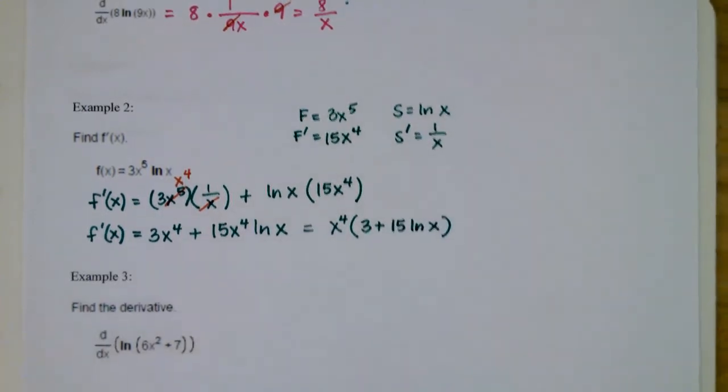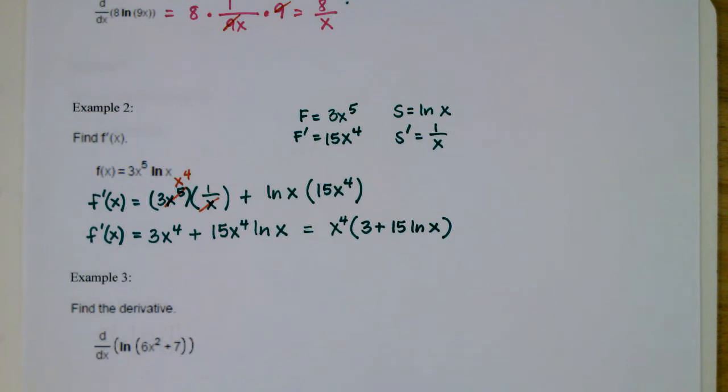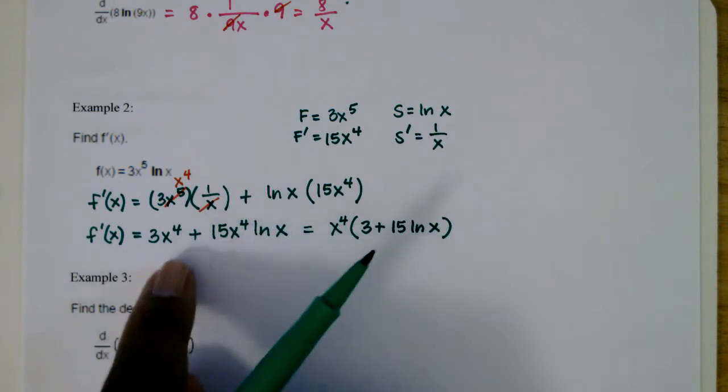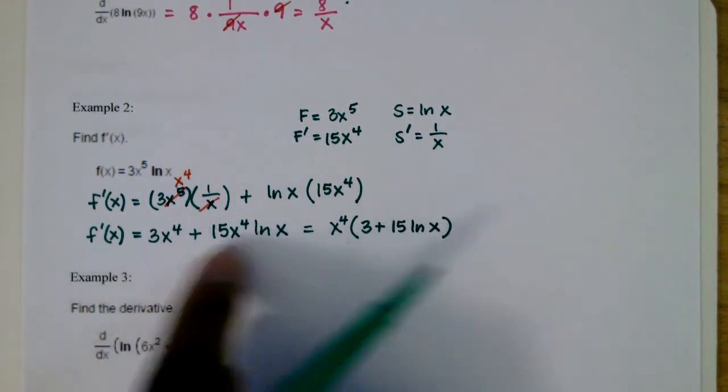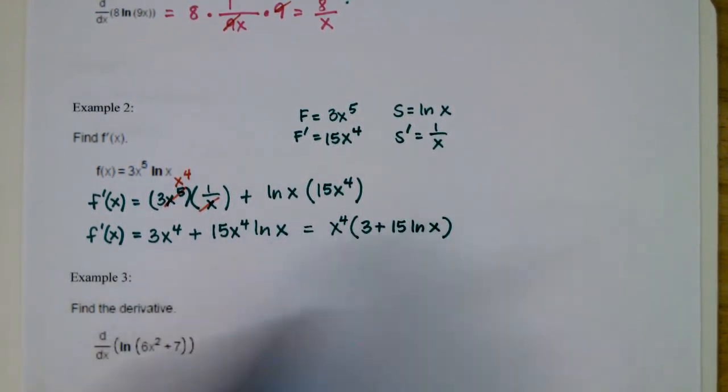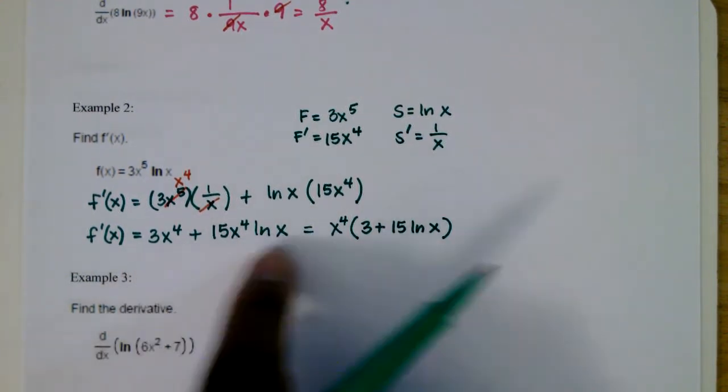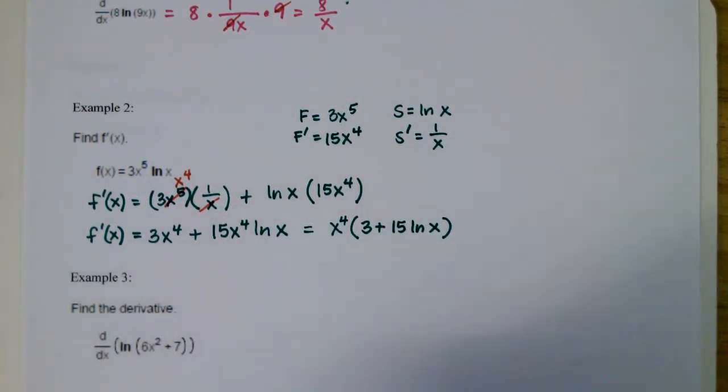So you have x to the 4th times the quantity 3 plus 15 ln of x. Okay? But it all depends upon what my math lab wants as a final answer, and also what your instructor might want as a final answer. When I'm thinking in my math lab, they might want this.